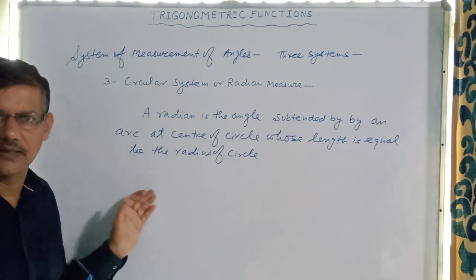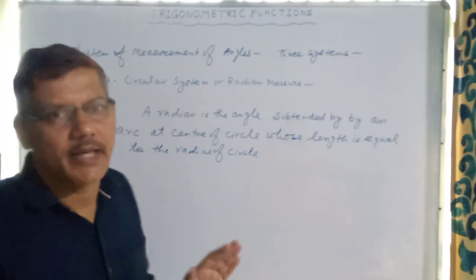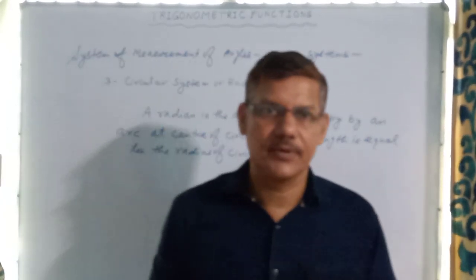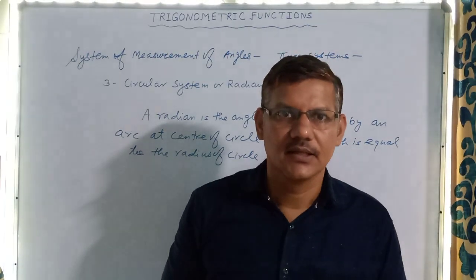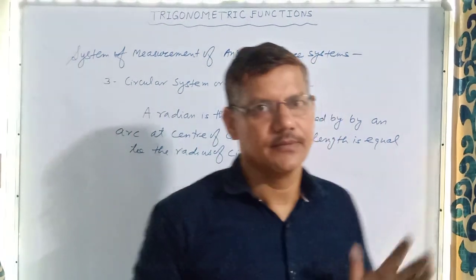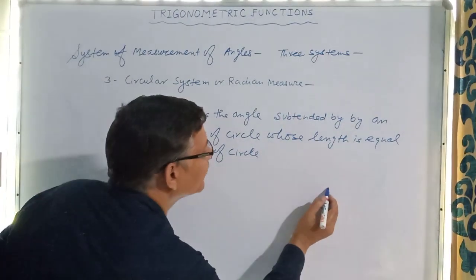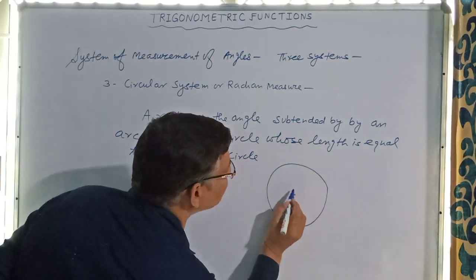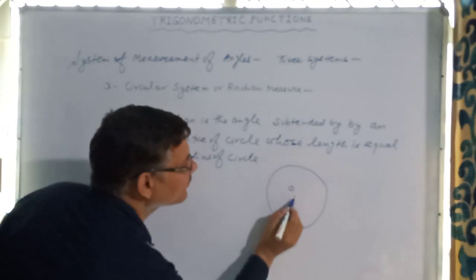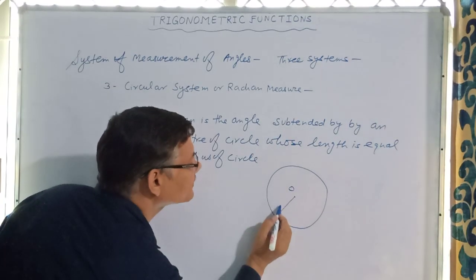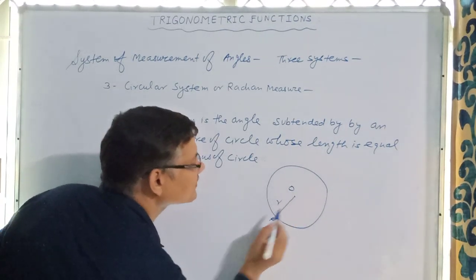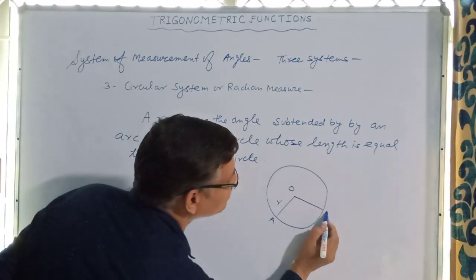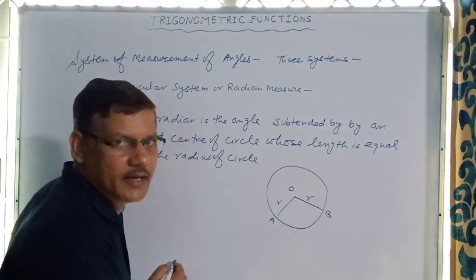So what about 1 radian? 1 radian is the angle which is subtended by an arc of a circle at the center of the circle whose length is equal to the radius of that circle. If we draw a circle whose radius is r, let O denote the center. Let this radius be OA, with length r. Another point on the circle is B, then OB is also r, radii of the same circle.